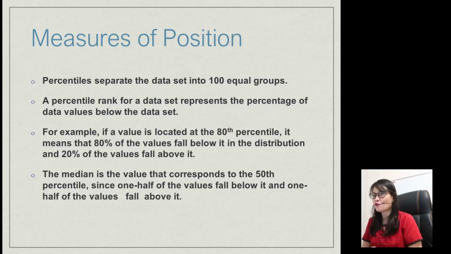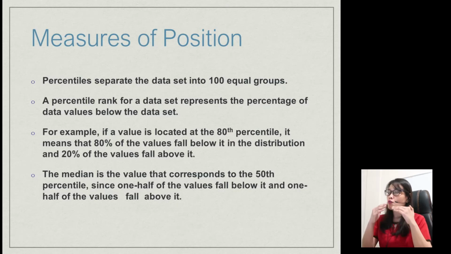A percentile rank for a data set represents the percentage of the data values below a given value. So for example, if a value is located at the 80th percentile, it means that 80% of the values fall below it in the distribution, and 20% of the values fall above.